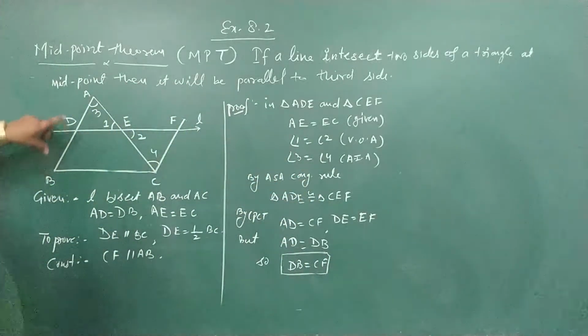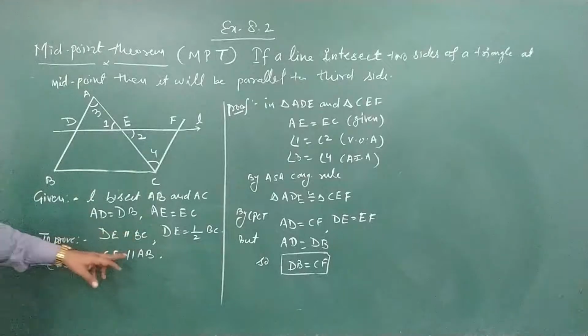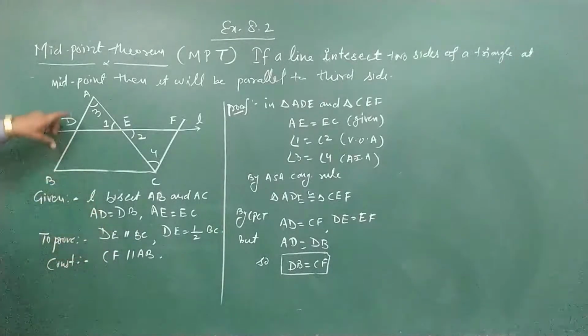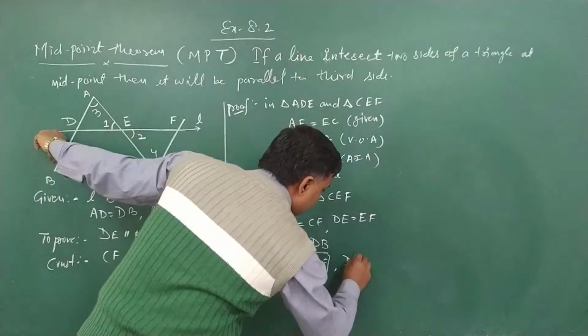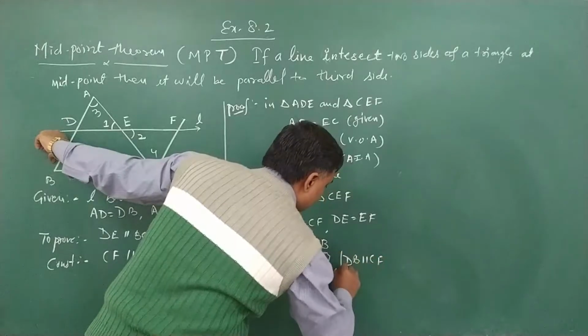DB is a part of AB, and by construction AB is parallel to CF. So we can say DB is parallel to CF also.